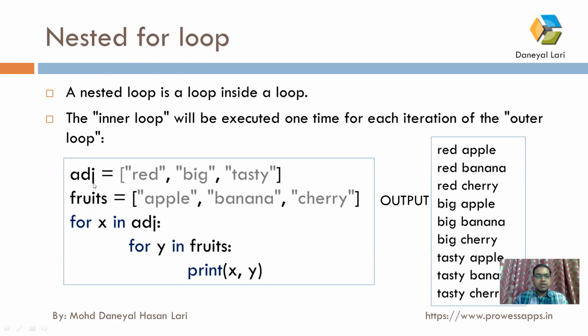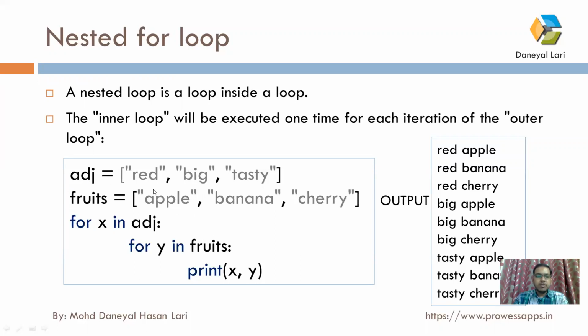For example, I have a list that contains the values red, big, and tasty. And after that, another list is fruits that contains apple, banana, and cherry. Now I will execute the first loop for the adjectives, that is red, big, and tasty.